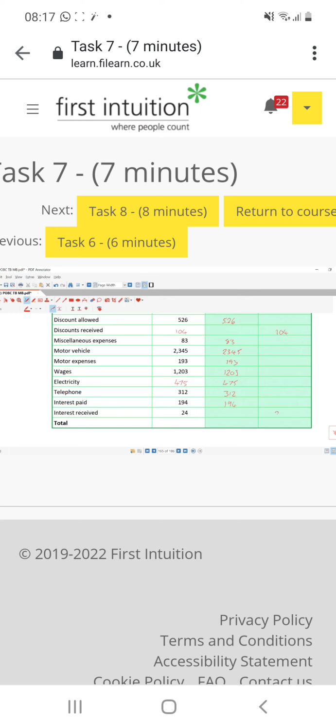And what we can always then do to make sure that our trial balance balances is total up all of our debits and all of our credits, and they should both then come down to a final balance on both sides of 25,824. And we know that if that is the case, we must be right, unless we have got absolutely everything the wrong way round.